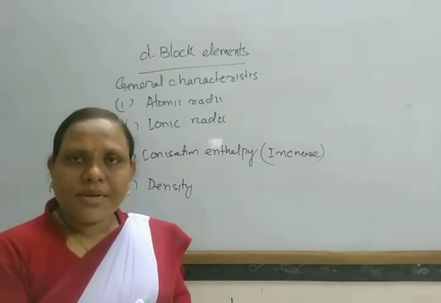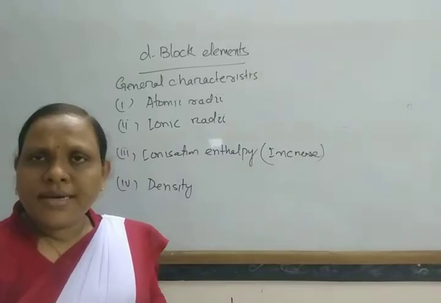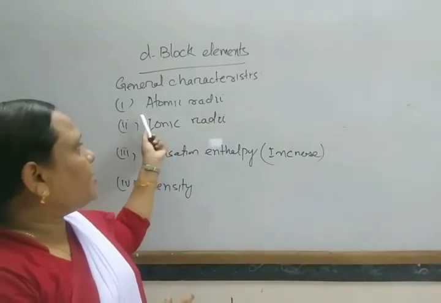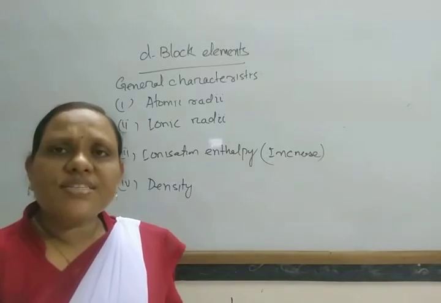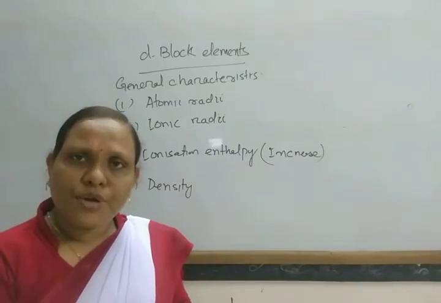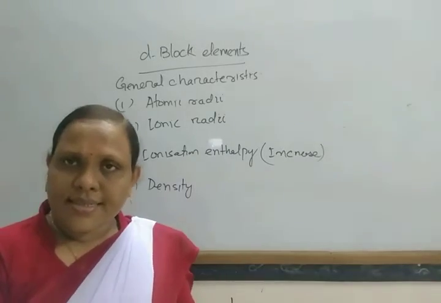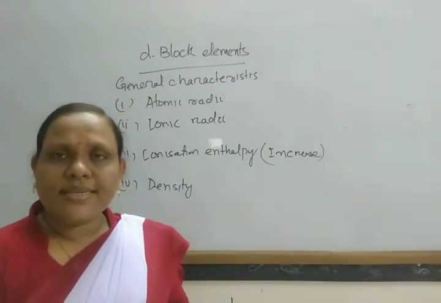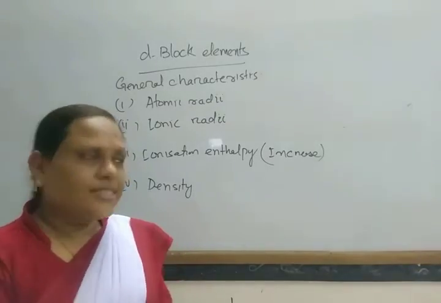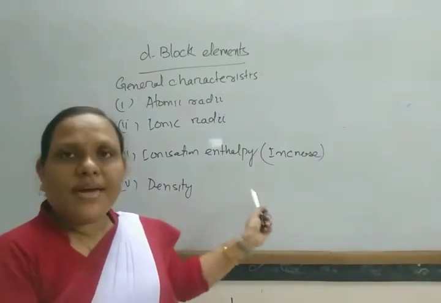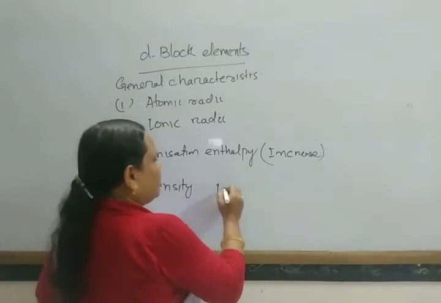There is an increase in atomic mass, and in some cases, as you know, the atomic radius decreases. A decrease in atomic radius means the atomic volume also decreases, but the mass increases. As the mass increases and the volume decreases, the density of transition elements increases from left to right in a series.